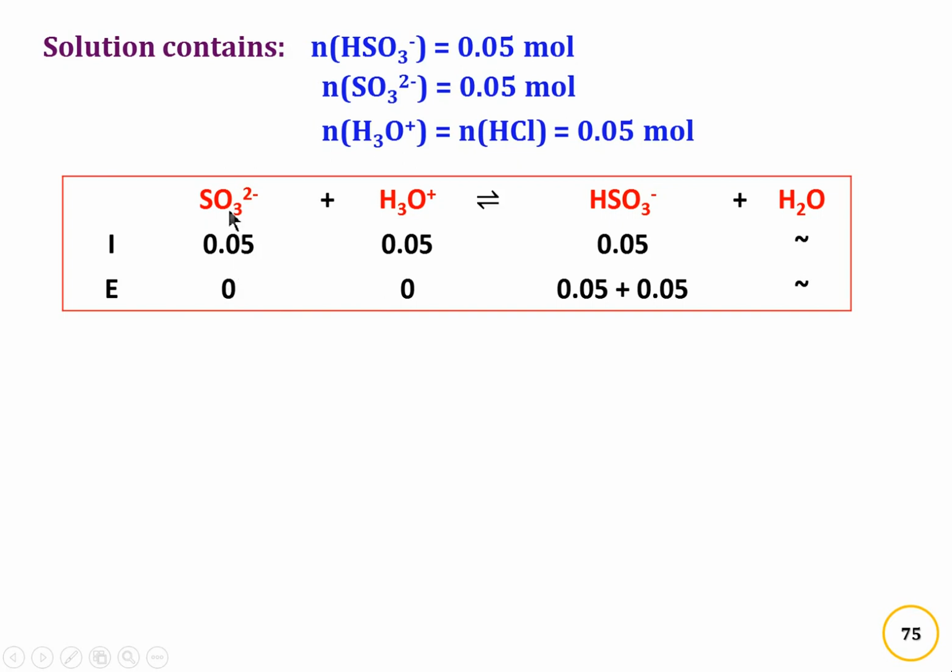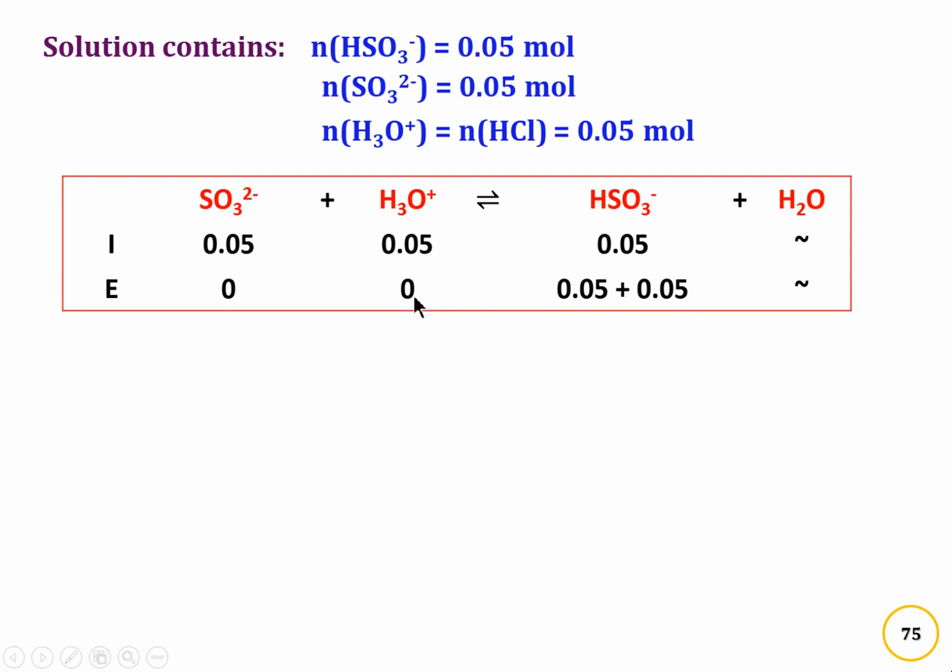As we observed, in this reaction we don't have excess, so SO3²⁻ and H3O⁺ reacted completely, and HSO3⁻ is equal to 0.05 initial plus the 0.05 formed.